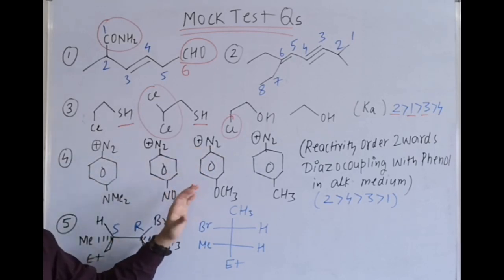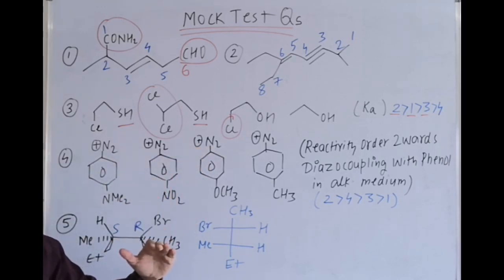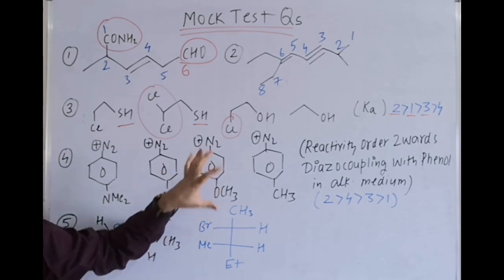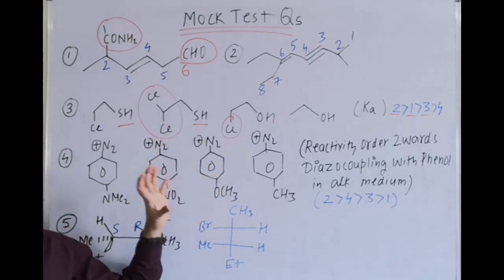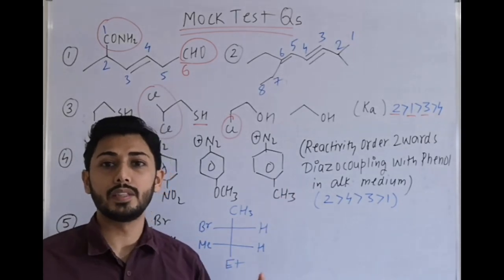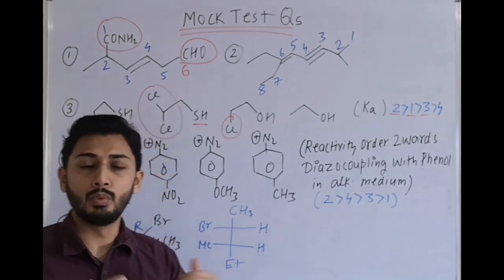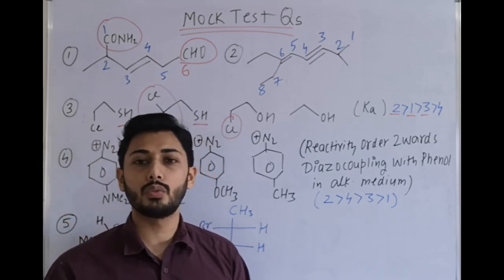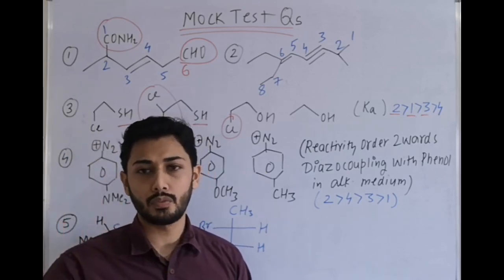Now in this case, all are electrophiles. The more electron withdrawing groups present on the electrophile, the more positive charge there will be, and more positive charge means faster will be the attack on the benzene ring or phenol ring. So the more electron withdrawing groups on the electrophile, the faster the rate of reaction.